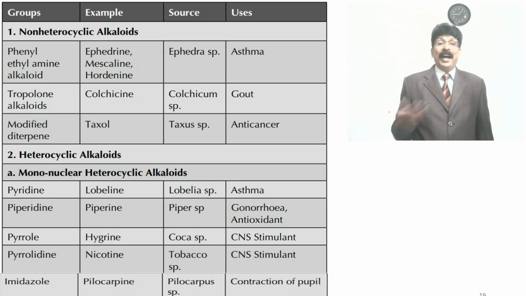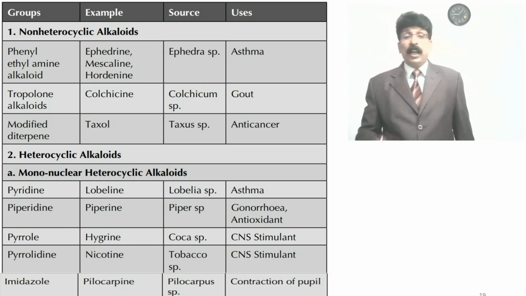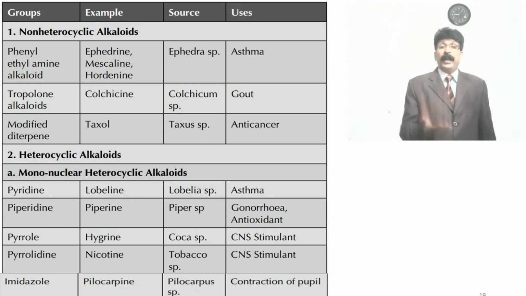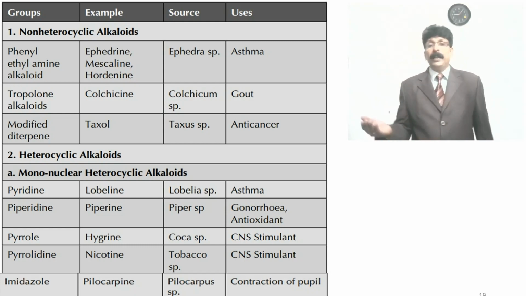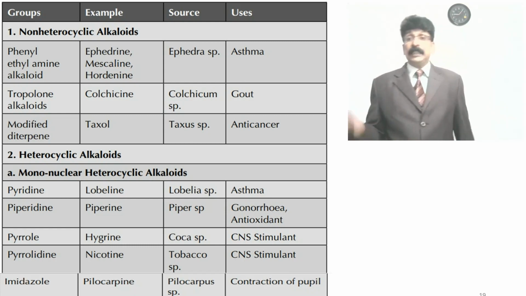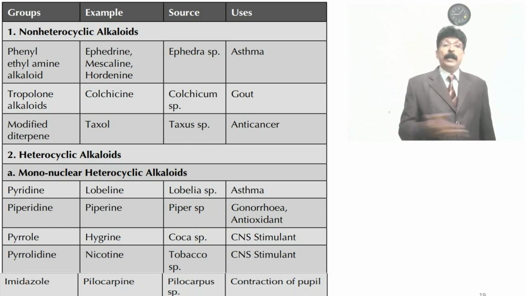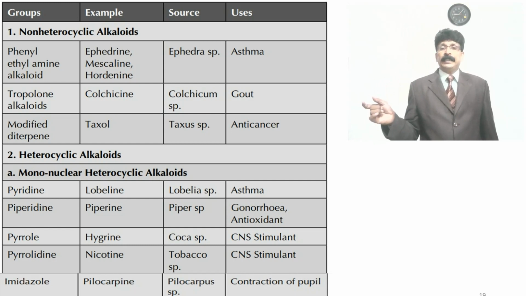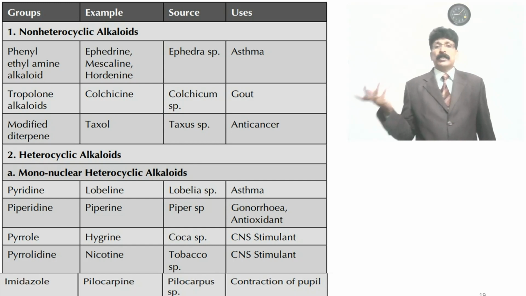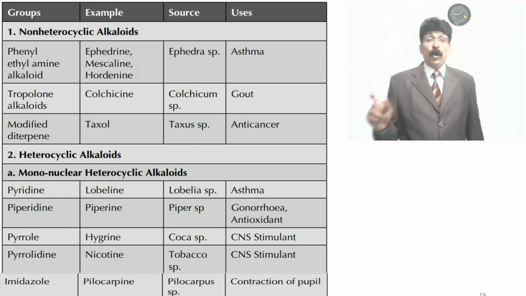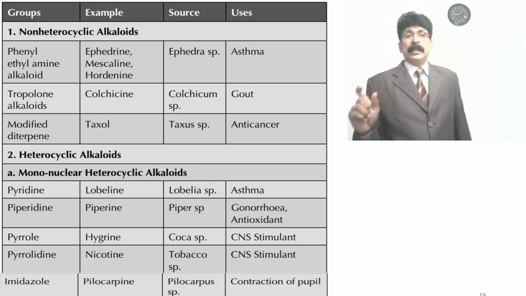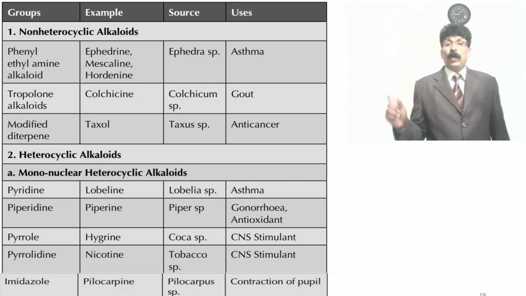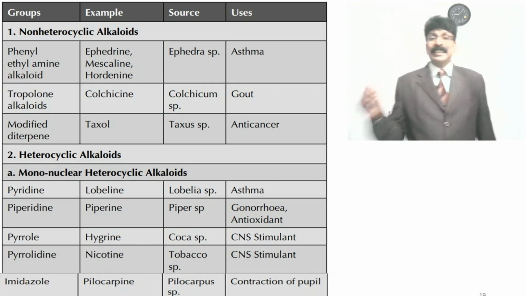And in heterocyclic alkaloids, mononuclear heterocyclic ring alkaloids, specifically pyridine derivative lobeline, Lobelia species, used for asthma. And piperidine is an example which is present in Piper species, antioxidant activity.